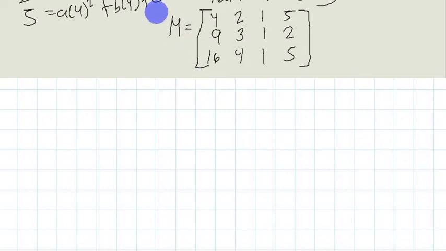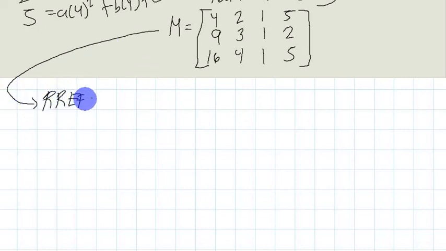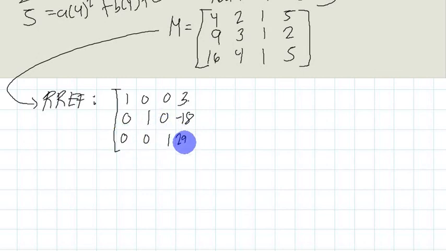Finding the reduced row echelon form of our matrix M will be as follows. Reduced row echelon form would be this specific matrix: 1, 0, 0, 3, 0, 1, 0, negative 18, 0, 0, 1, 29.